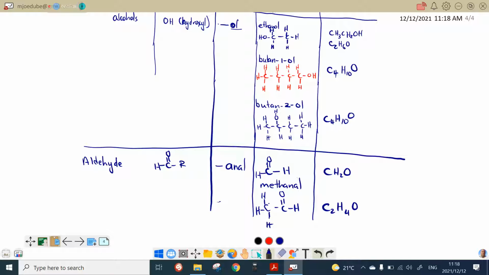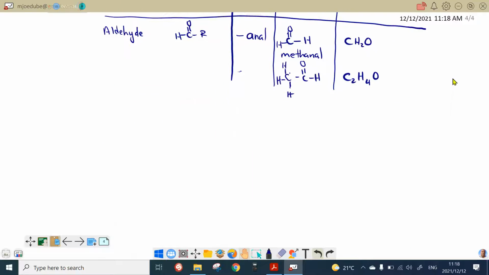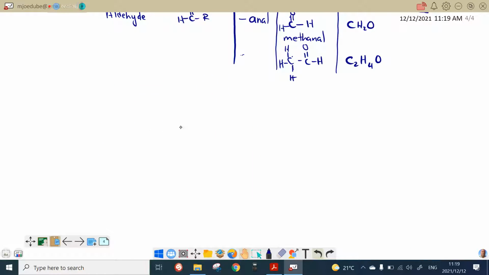So that is the other one, and so you can practice by giving us the formula of the following: heptanol.